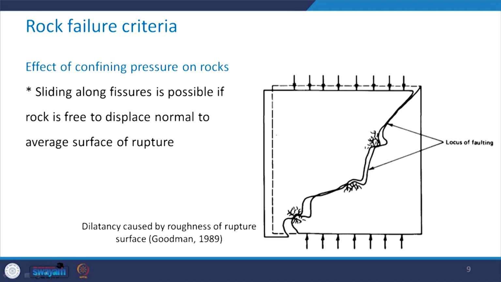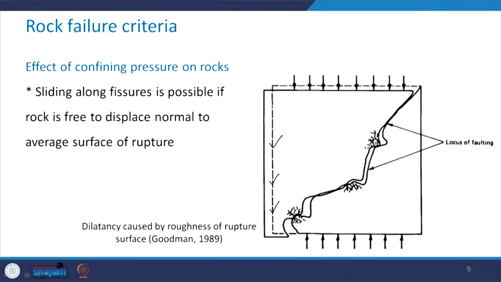This dotted line portion is the original version, and now you see when the load is applied, sliding along the fissure is possible only if the rock is free to displace normal to the average surface of rupture. So, say this is the average surface of rupture, this one.